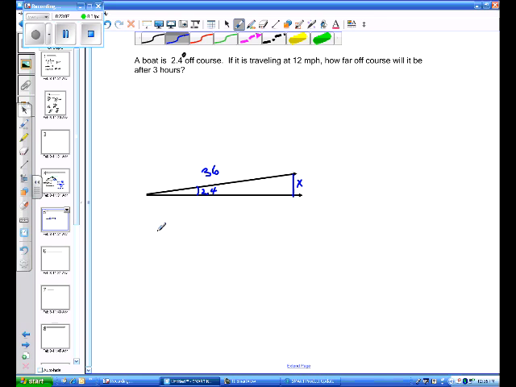So we can look at this. We have an angle. We're looking for the opposite. We know the hypotenuse. So we can use the sine. So we would simply say the sine of 2.4 is equal to the opposite over the hypotenuse.